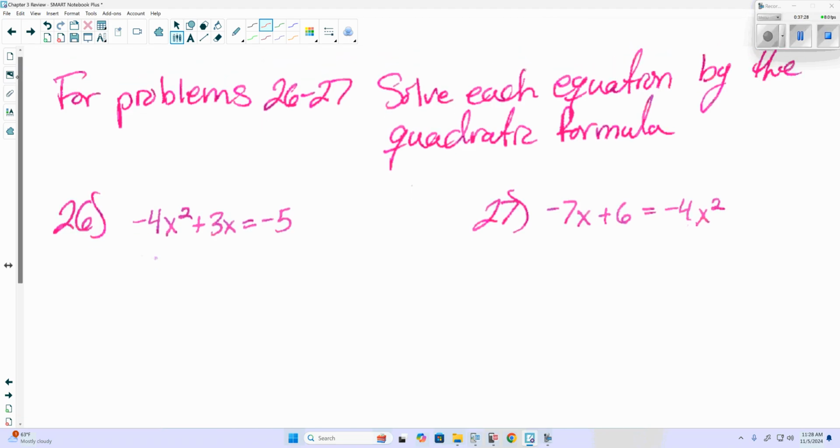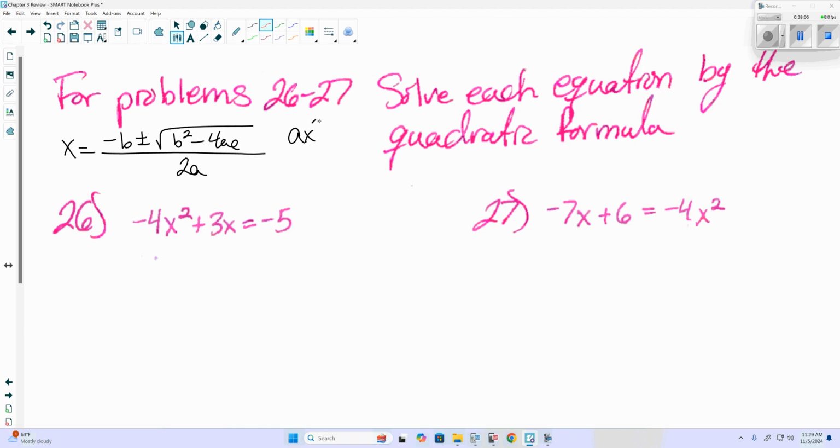Quadratic formula. So quadratic formula, x is equal to negative b plus or minus the square root of b squared minus 4ac all over 2a.